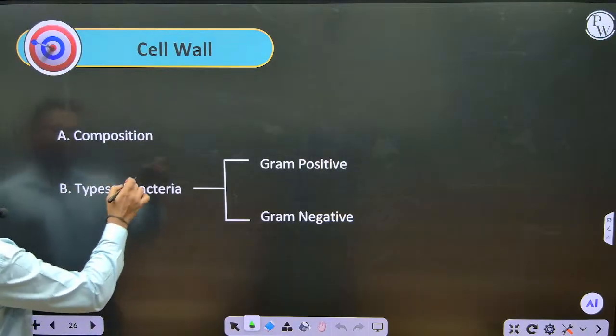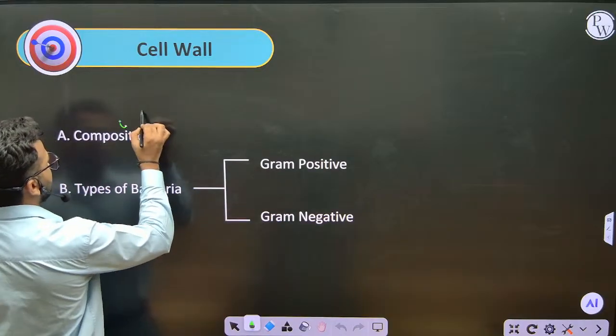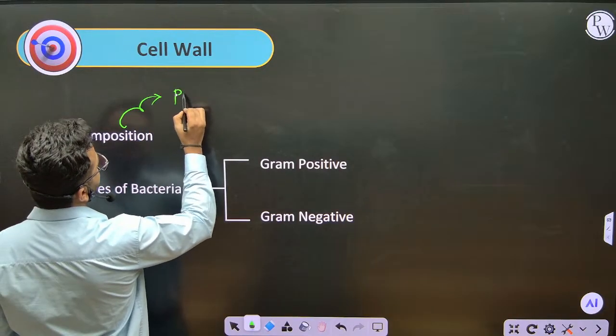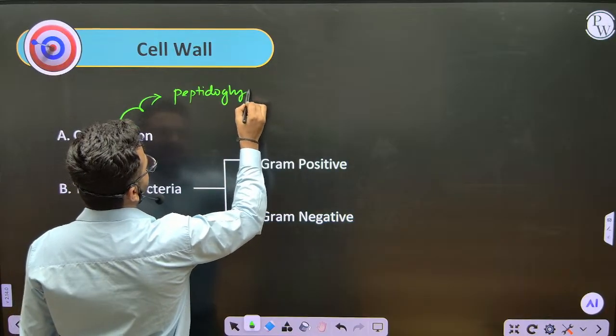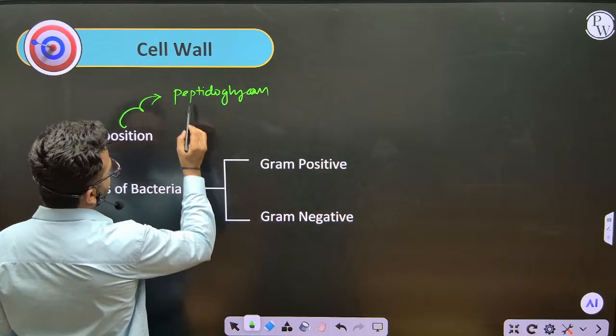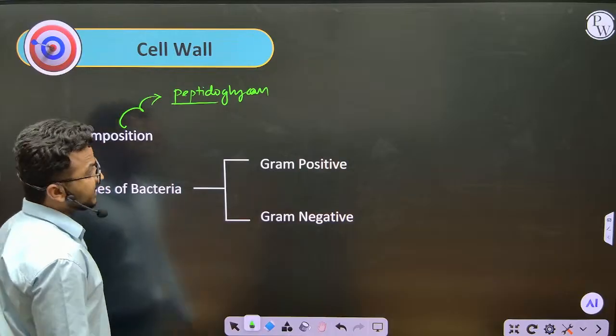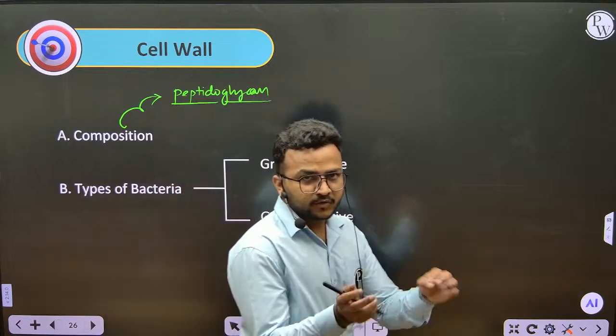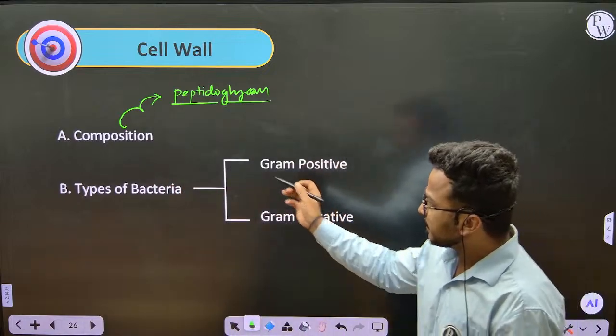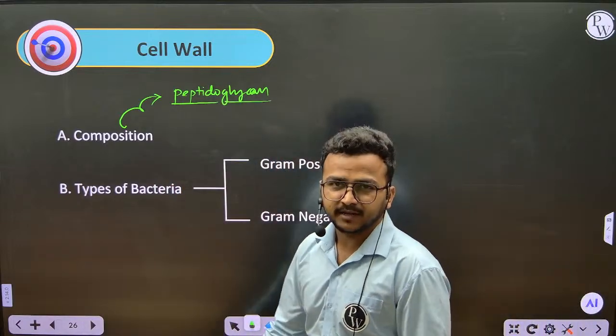Cell wall composition: the cell wall of bacteria is made up of peptidoglycan. We have seen this in the last section. In peptidoglycan, the peptido part refers to protein and glycan refers to polysaccharide. Together they make up the composition of the cell wall in the bacterial case.